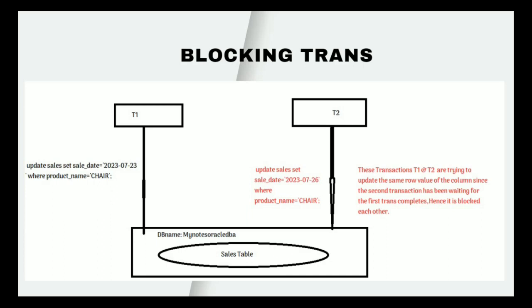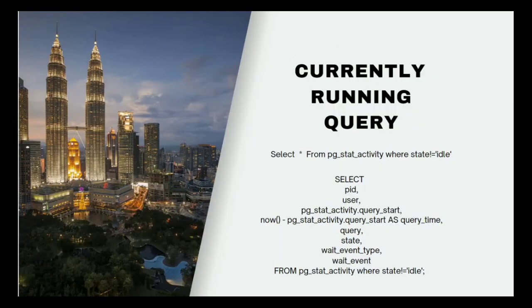So how do we identify long running queries and their details? There is a view called pg_stat_activity. It helps us understand what transactions or queries are currently running in our database.